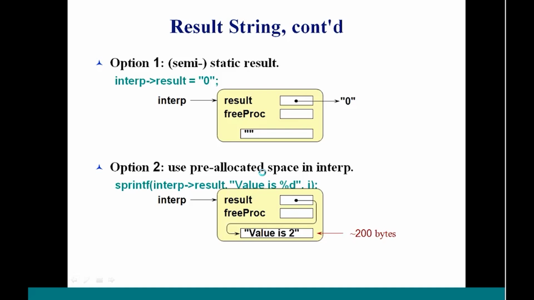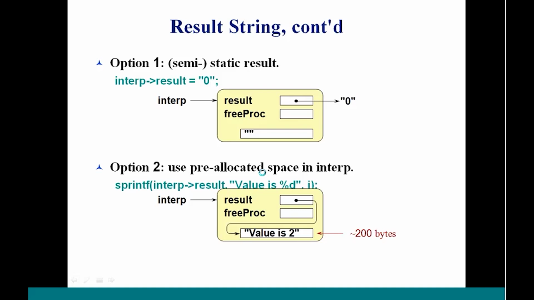A static, semi-static result is option 1, where we can write out saying that the result is 0, and that's about it. Option 2 is the pre-allocated space in the interpreter, and then we can write into that.